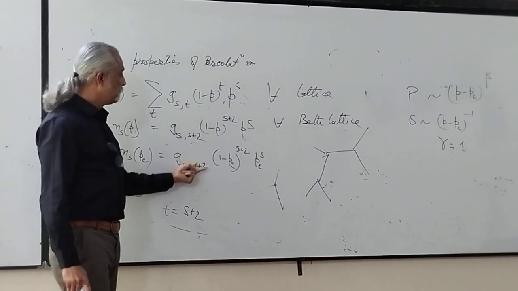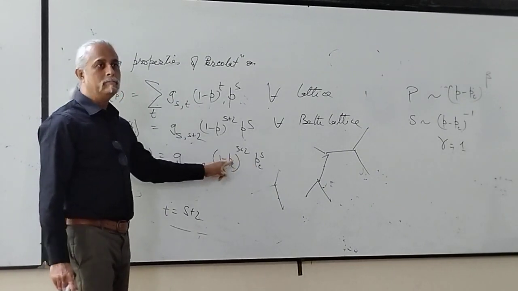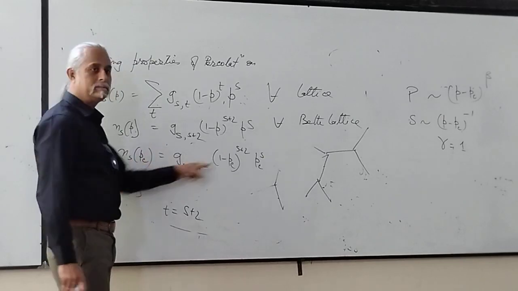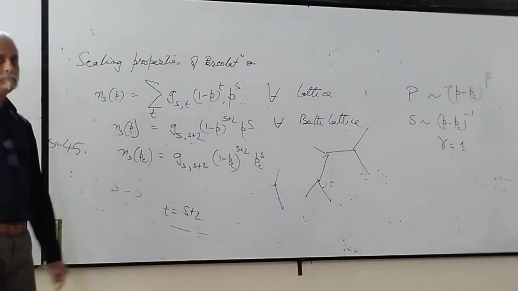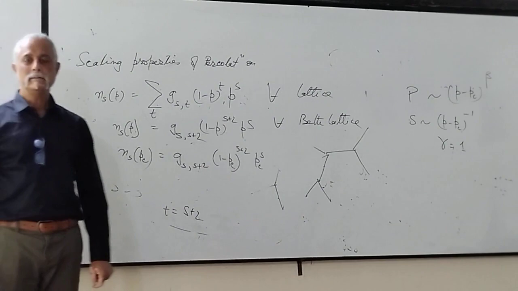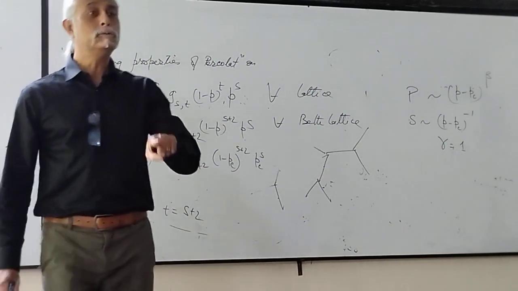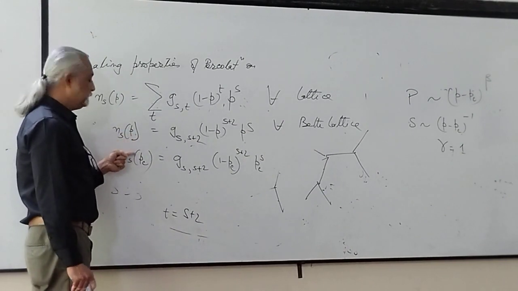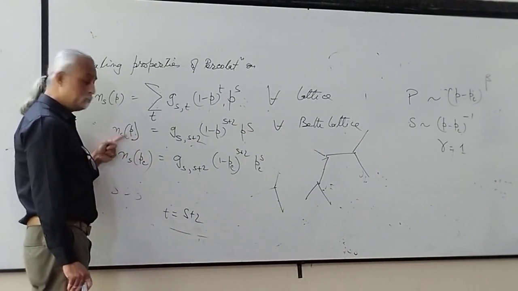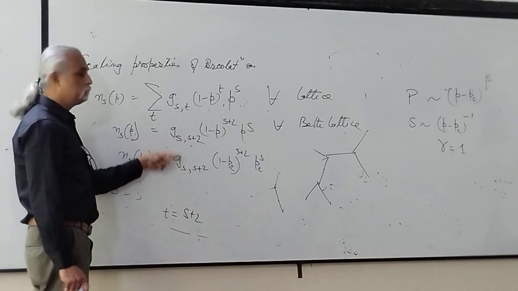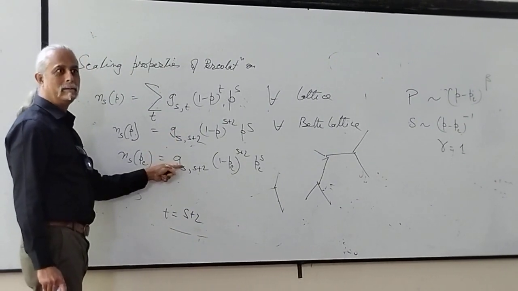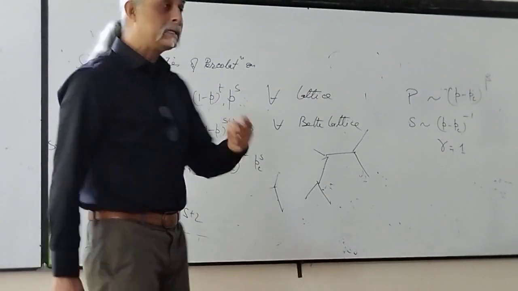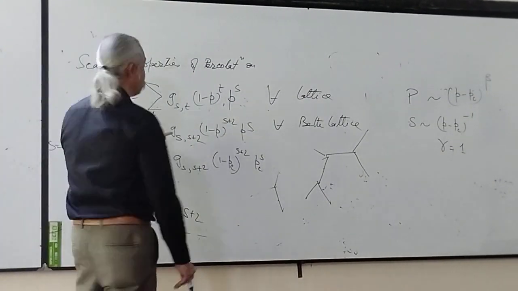Only thing that we have to change is the value of p. By replacing it by p_c, I get n_s(p_c). Is it clear? Why did I do that? I have done that because if I divide this by that, then I can get rid of this. This is bothering me. I don't like that. If I can play some trick to get rid of that, I will do that.